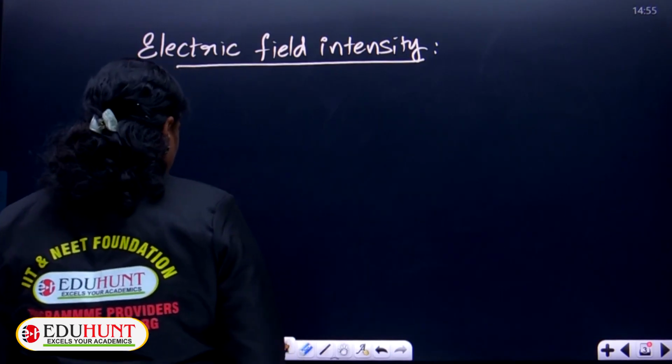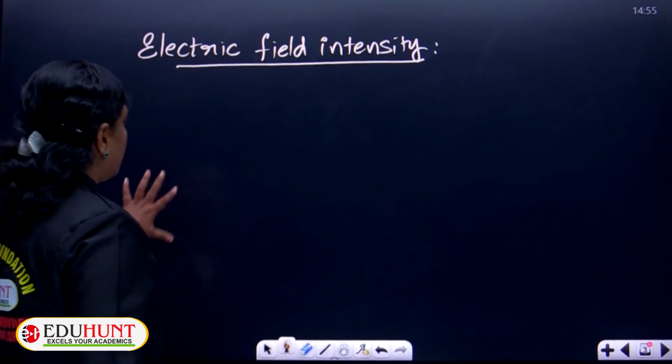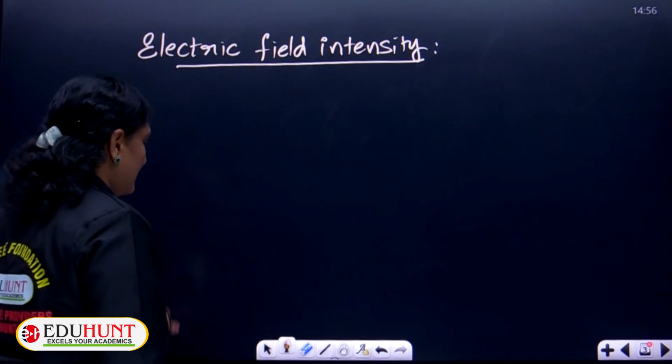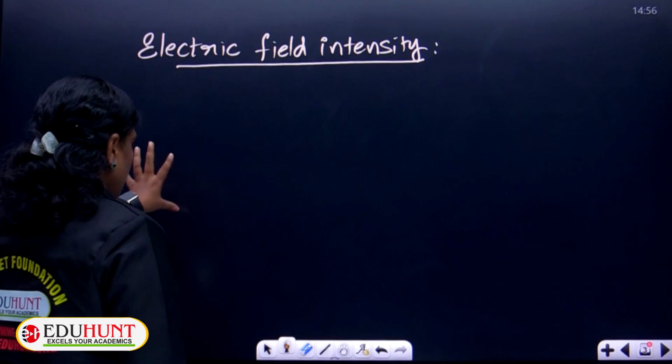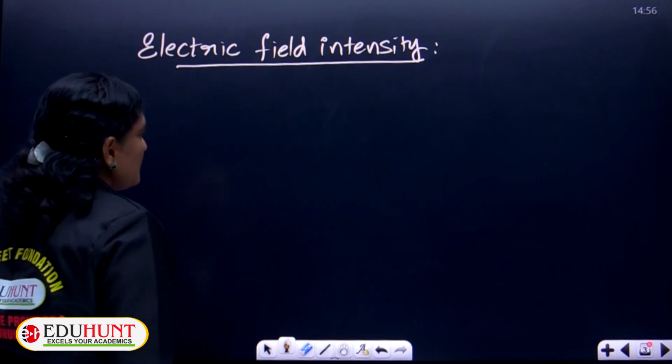So, what is electric field intensity? Electric field intensity at any point is defined as the force experienced by a unit positive charge at that point.